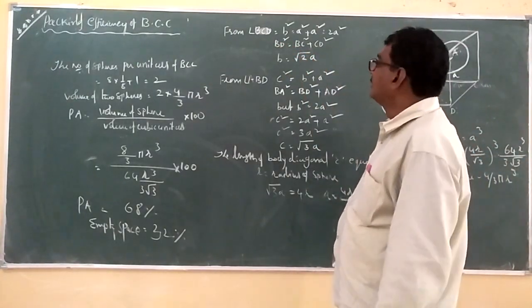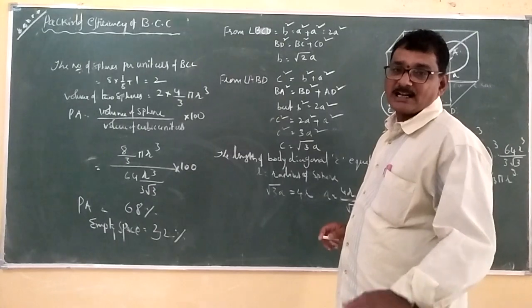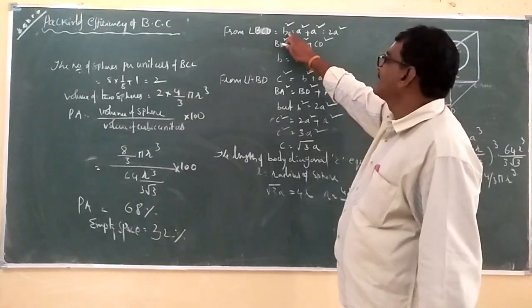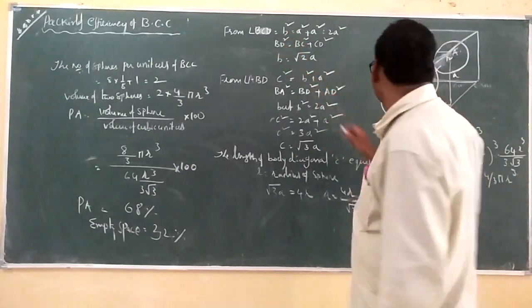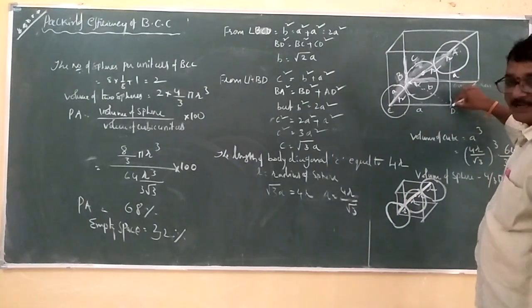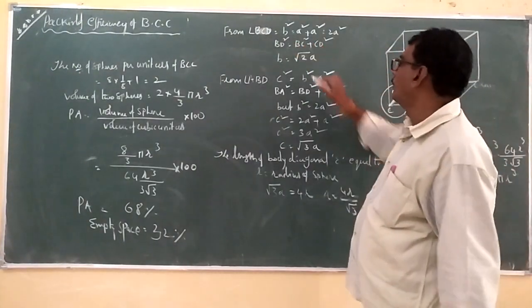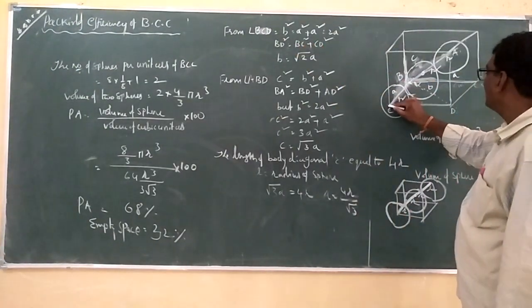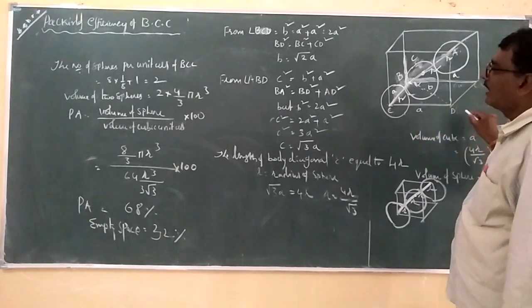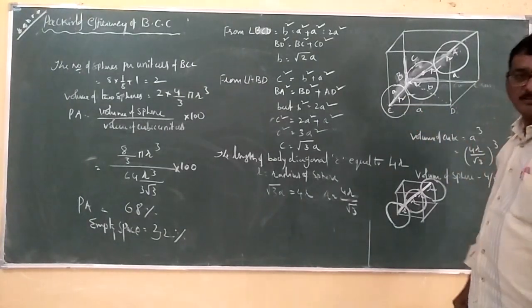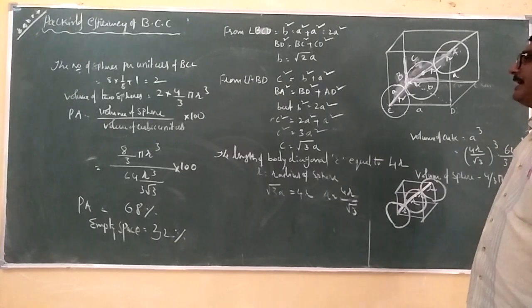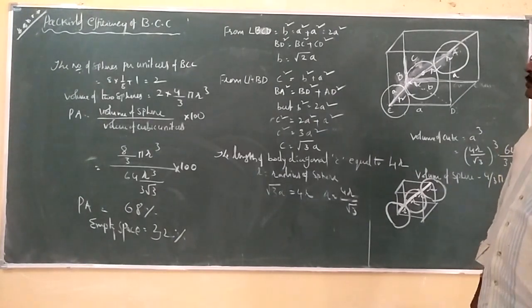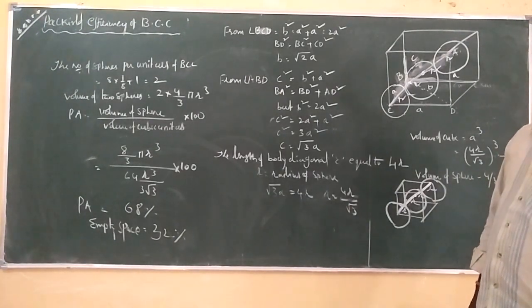According to the Pythagoras theorem, BD square is equal to BC square plus CD square.